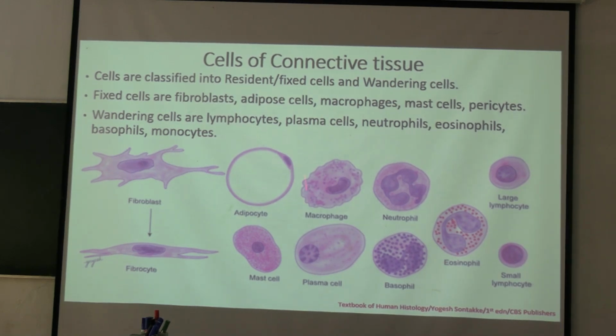And due to the presence of fat globule, the nucleus is present peripherally, giving a signet ring appearance. It is appearing like a finger ring. So this appearance is important for adipocytes. Okay, signet ring appearance.